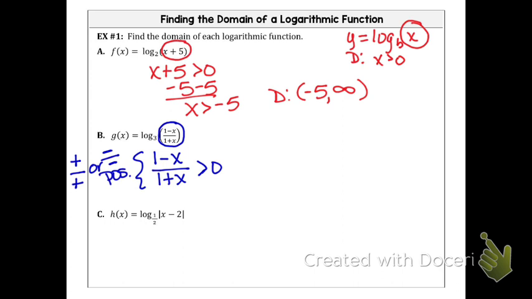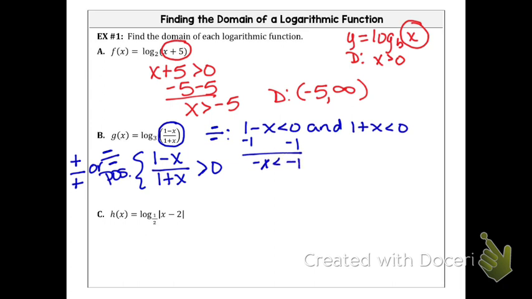All right, so let's start out with the negative over the negative. So that means at the top, the 1 minus x would have to be negative, which means it has to be less than 0. And the denominator, the 1 plus x, also has to be negative, so it has to be less than 0. So we're going to solve both of these. Oops, it's negative x.